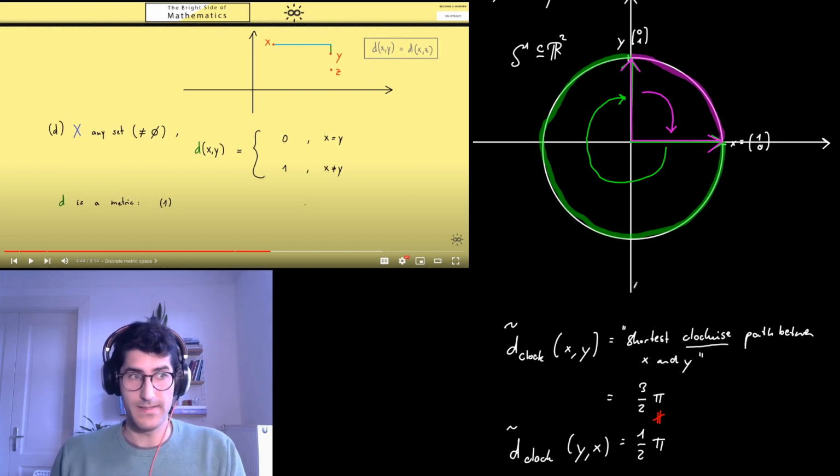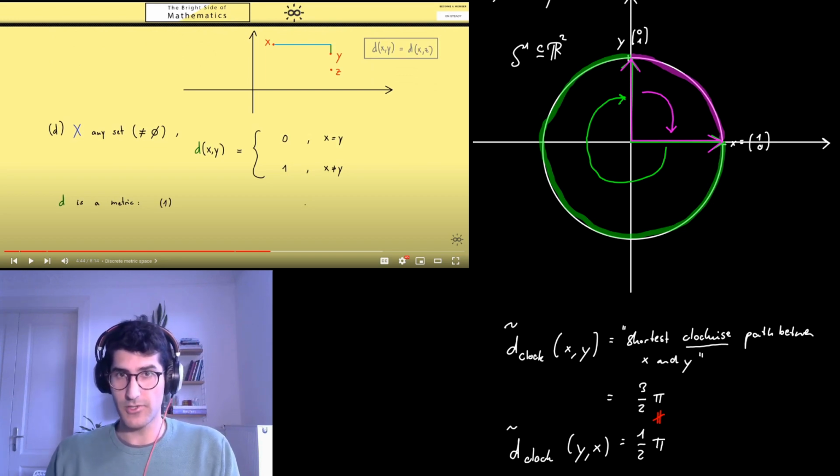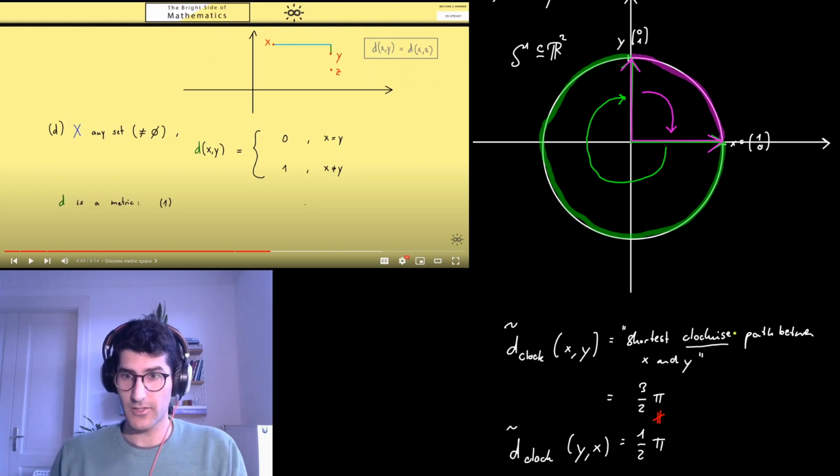So in this case, we have a notion of distance that makes sense if we, for example, are only allowed to run in a certain direction. But you see that this addition of the direction in which I measure the distance already breaks one of the important properties that a metric has, which is symmetry.